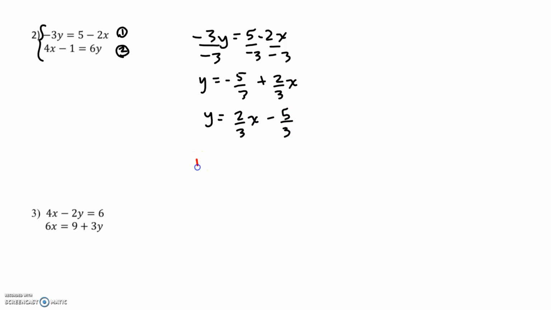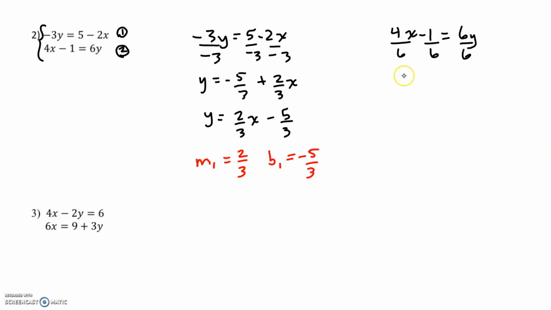All right, I'm going to state my m. So for line 1, m is 2/3, and my y-intercept is -5/3. Okay, let's go ahead and we're going to go line 2 and we'll do the same thing. So we're going to rearrange. This time we will divide everything by 6.